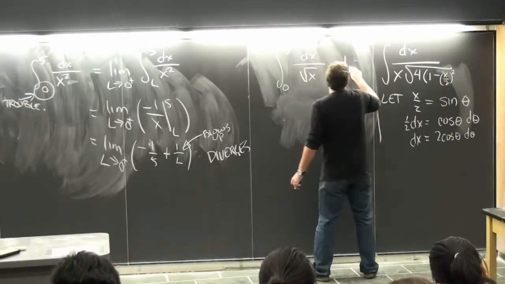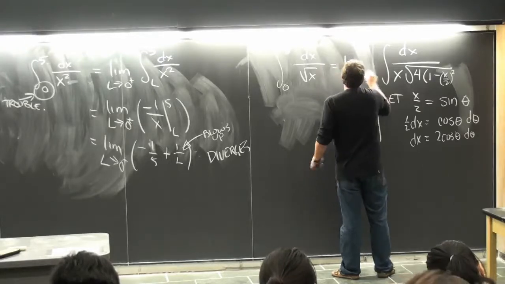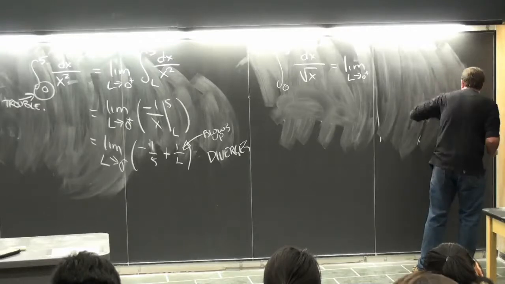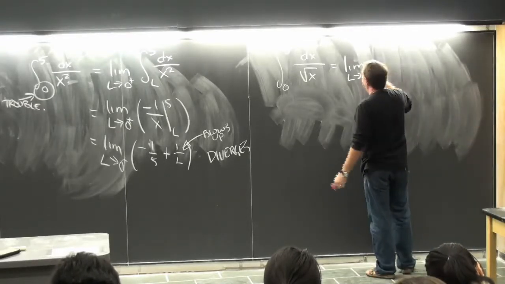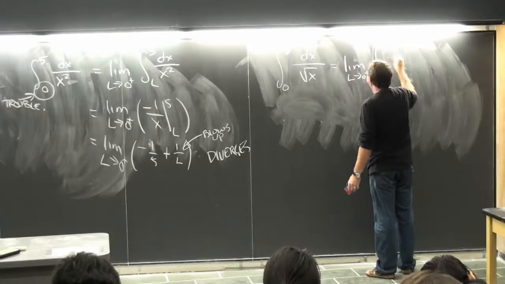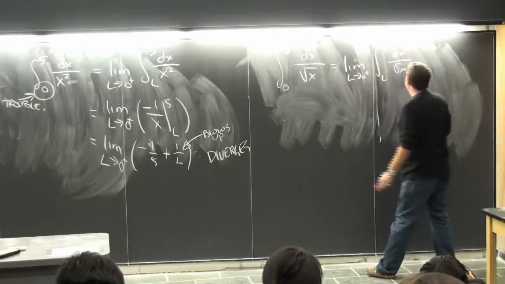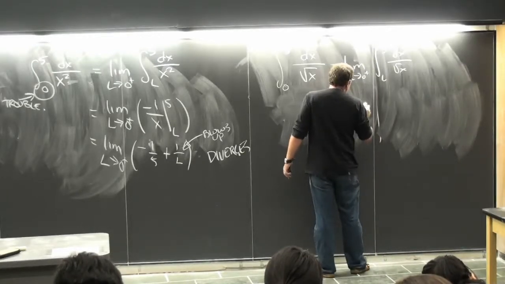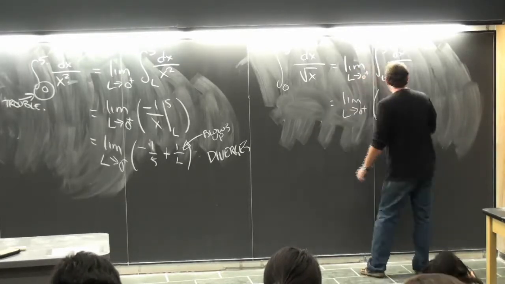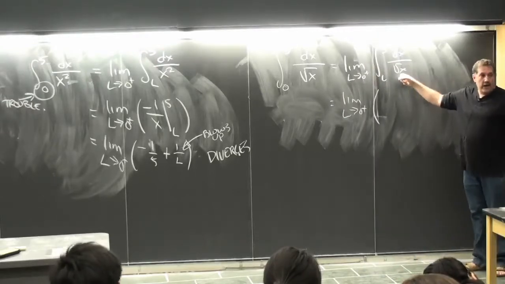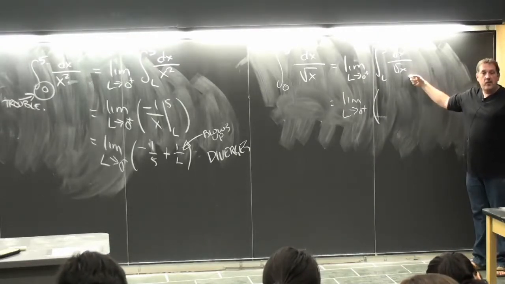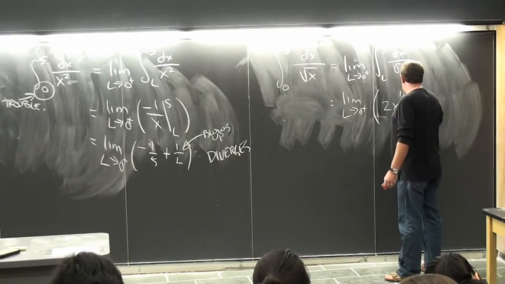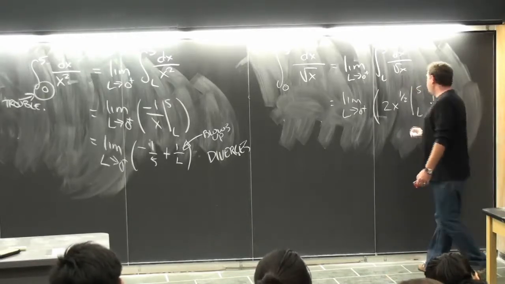So this will be the limit as L goes to 0 from above of that integral. When I do that integral, this is x to the negative 1/2, so when I integrate it, I get x to the 1/2. So I get 2x to the 1/2, which I'm evaluating from L to 5.